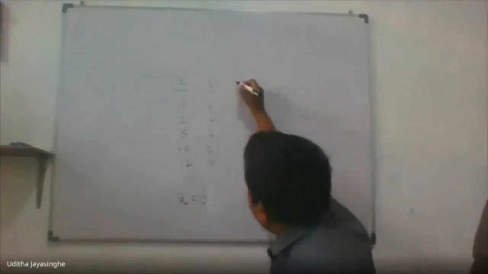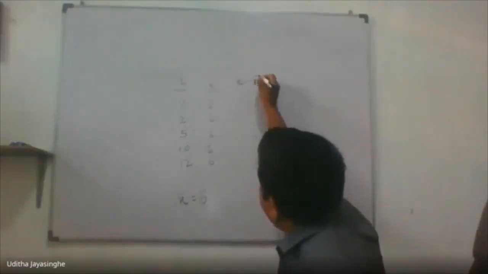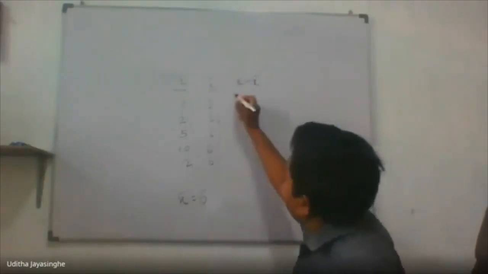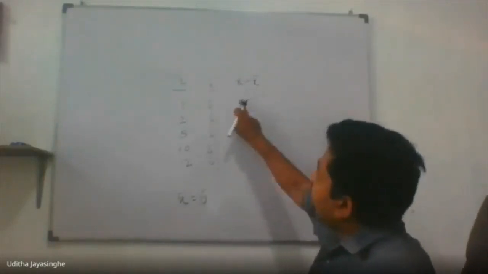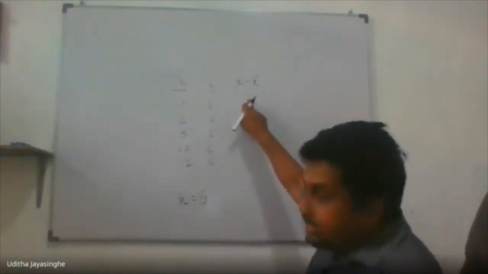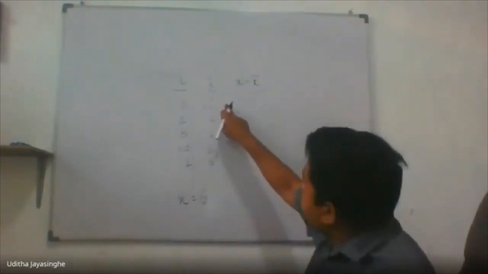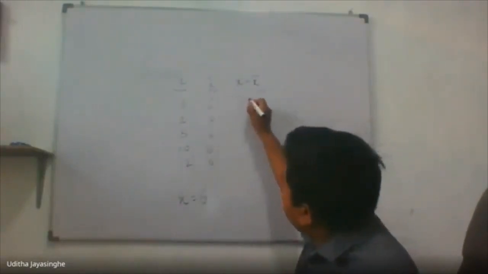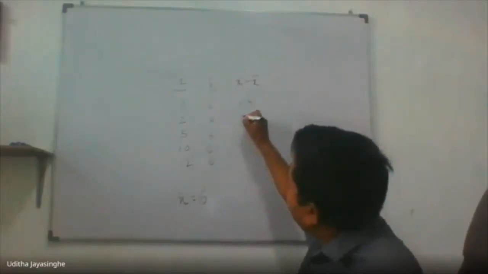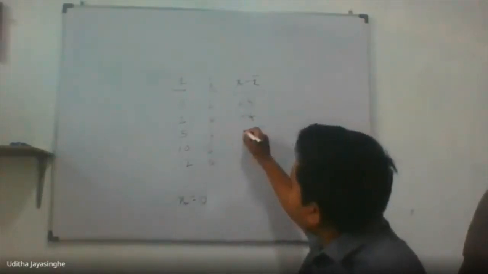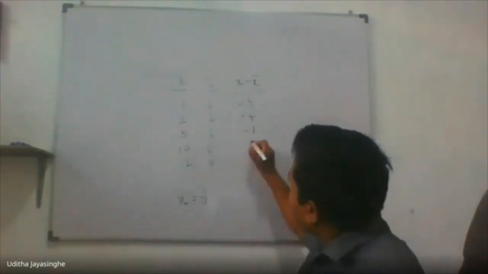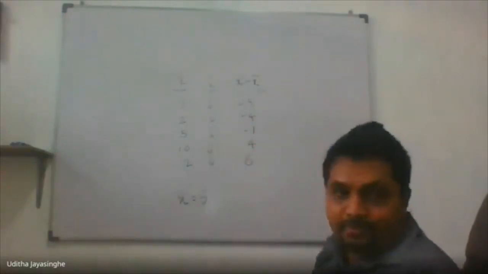And then I can write x minus x bar. This column is going to be x minus x bar. This value minus x bar is going to be negative 5 here, negative 4 here, negative 1 here, positive 4 here, and positive 6 here.